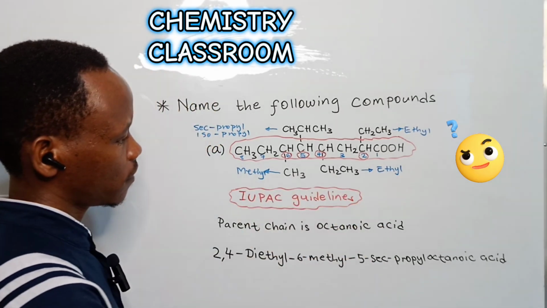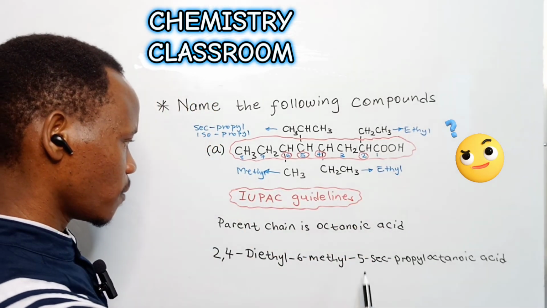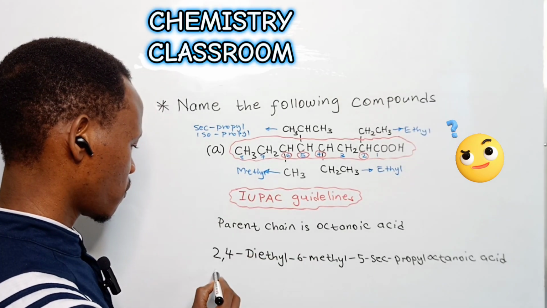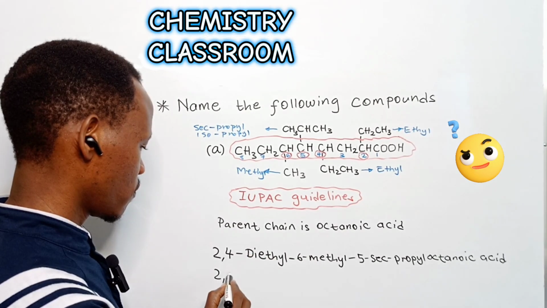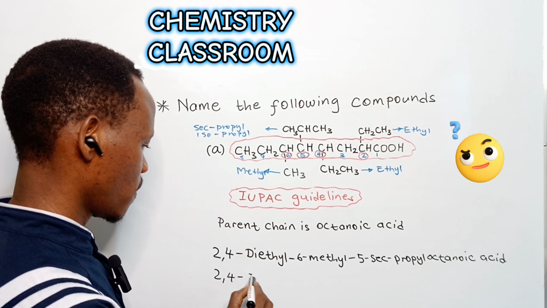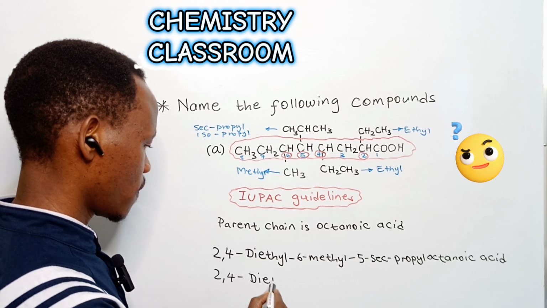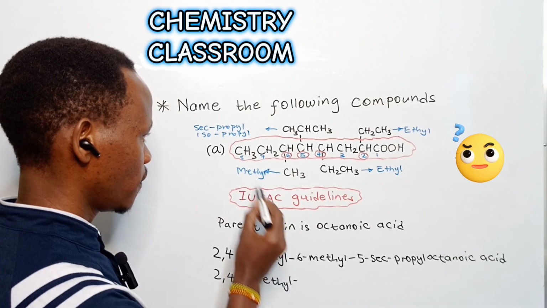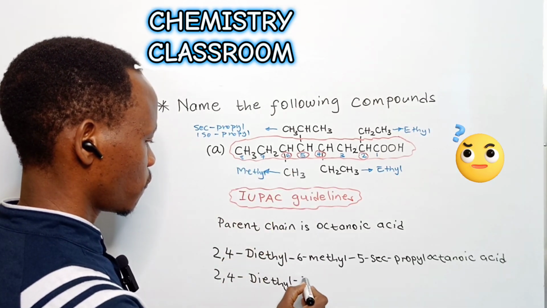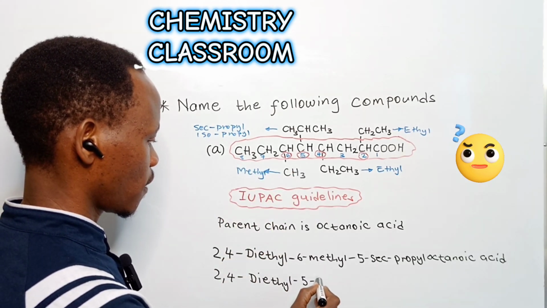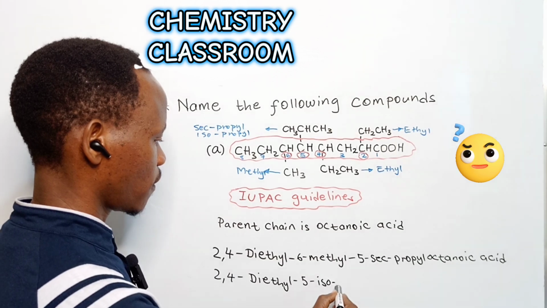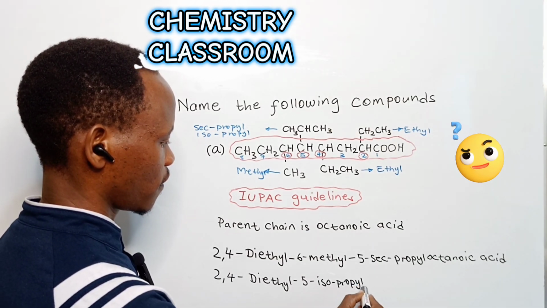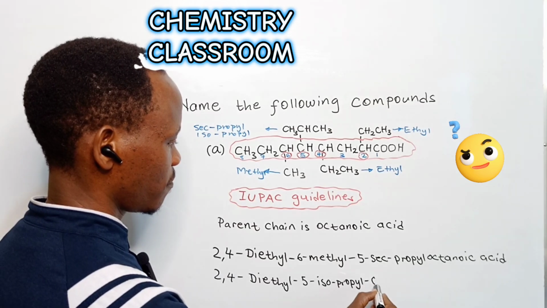Now this compound has two names because of this and that one. So the other name, which is also correct, is 2,4-diethyl, and then we come to 5-isopropyl, since this is alphabetically superior to the methyl group.